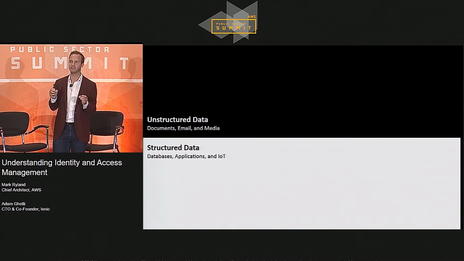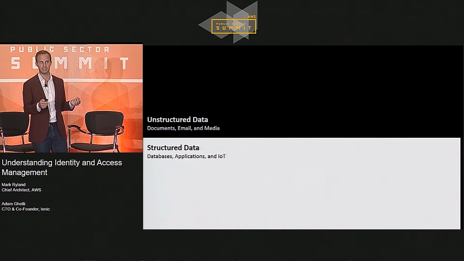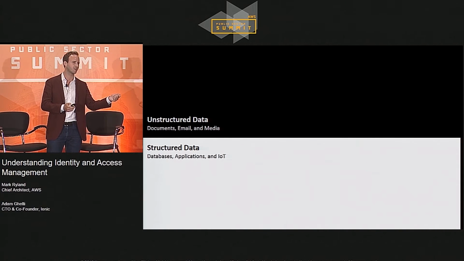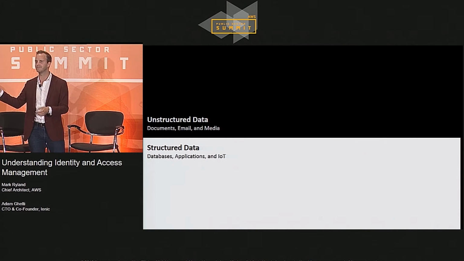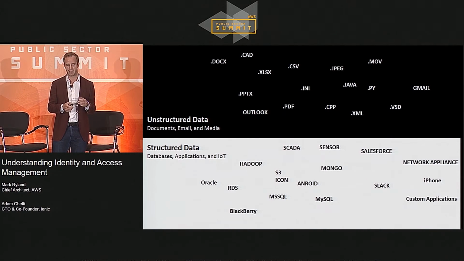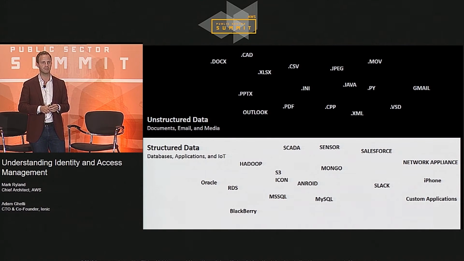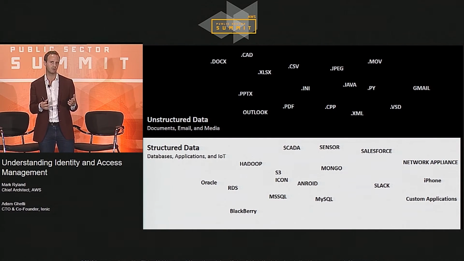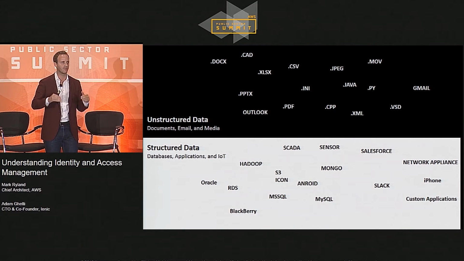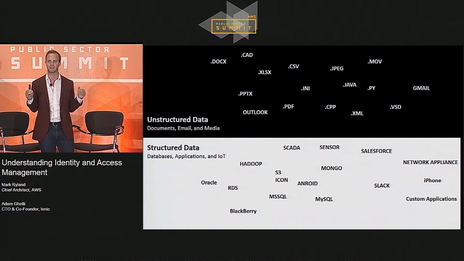So if we're going to start with data, we should talk a bit more about what data is. Traditionally, we think about data as black and white. It's unstructured and structured. It's documents, it's emails, it's telemetry coming off our SCADA systems, it's information in an application or a database. And if we really inspect that, we realize that even though this is just a subset of each of these worlds, nobody in this room believes any of this data on the top or on the bottom lives exclusively in that world.